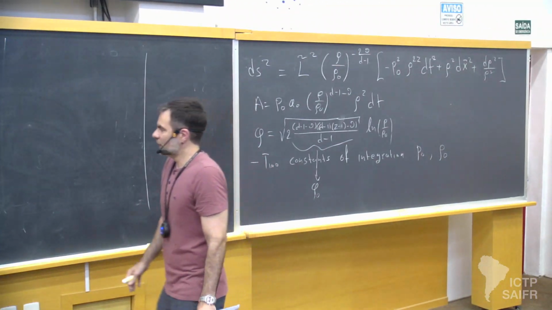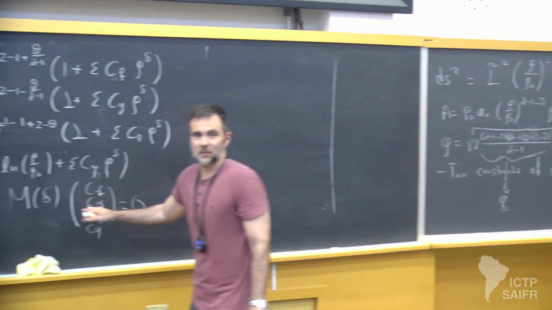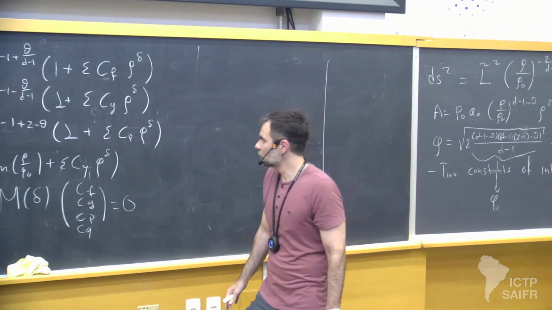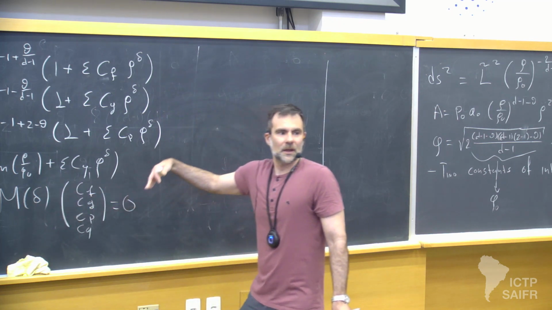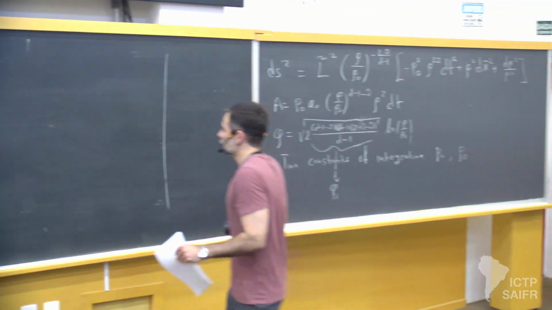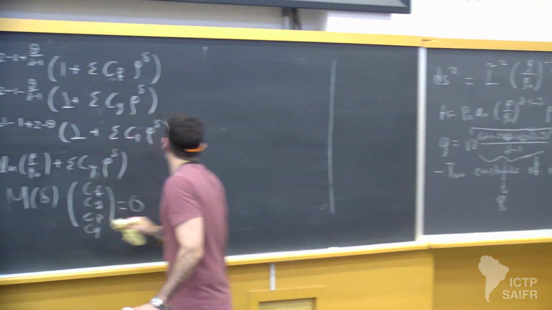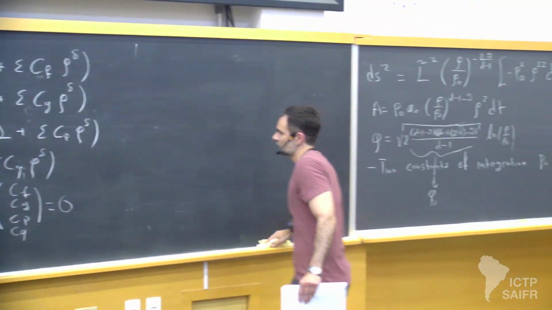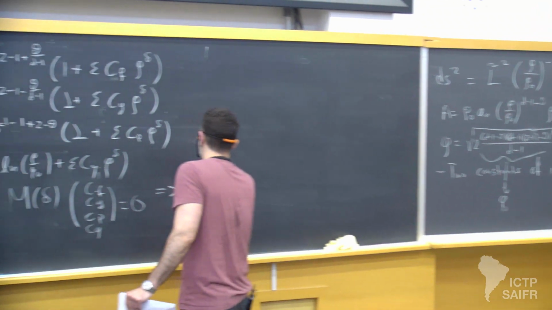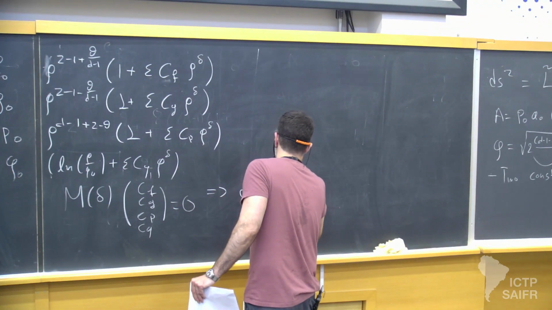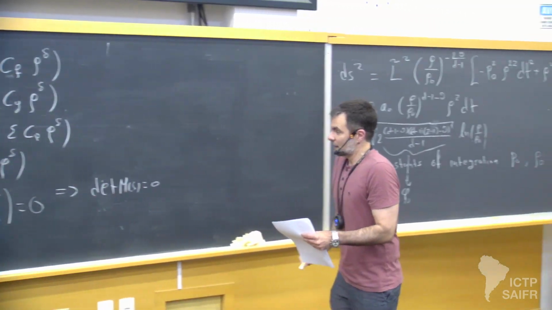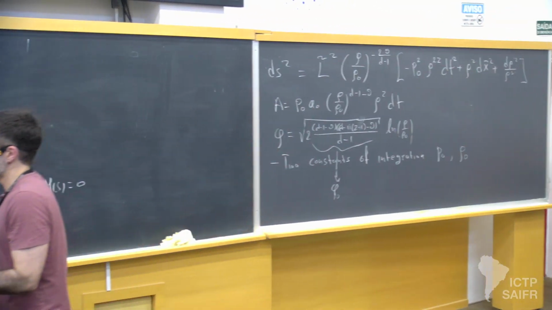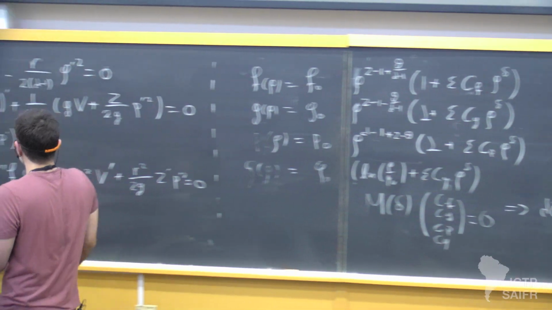Now I want to find a non-trivial solution of this system, and in order to do that, this should be a non-invertible matrix. So setting the determinant of this matrix to 0 is what gives you these exponents. So the determinant of M of delta should be equal to 0. Now, how many solutions should I expect?